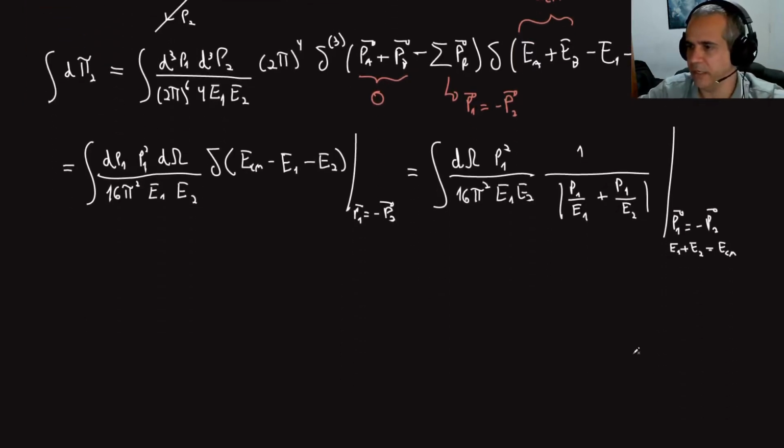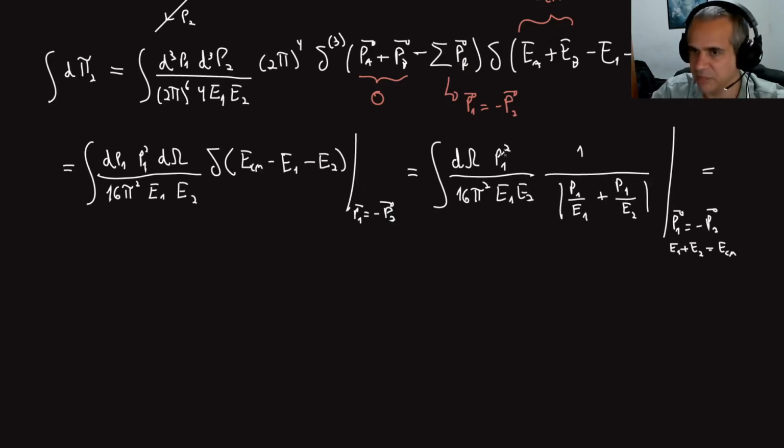And then I can actually multiply E1 and E2 in here. That simplifies things a bit. There's a P1 factor that I can take out, because there's some cancellation with the P1 squared in the numerator here. Notice that I integrated in P1. This P1 squared is really fixed by these conditions.